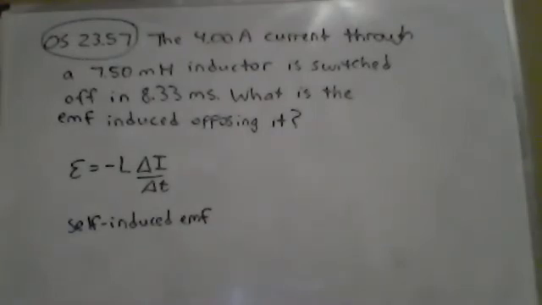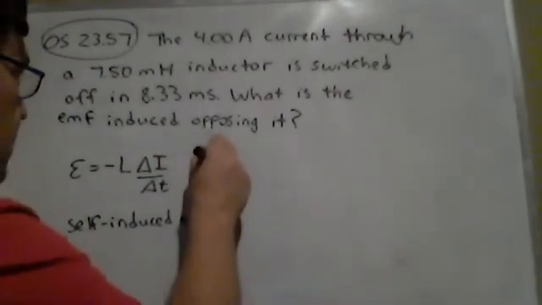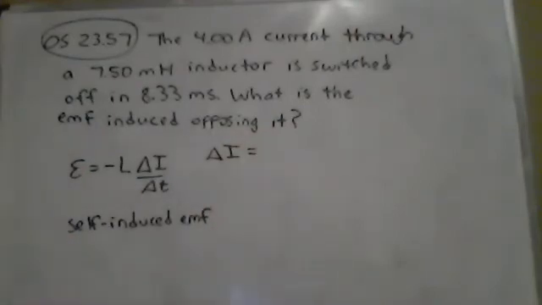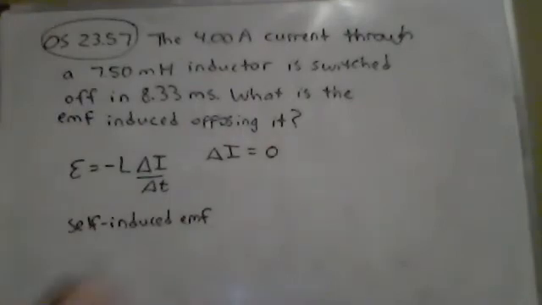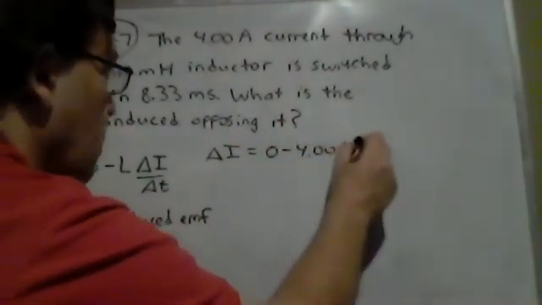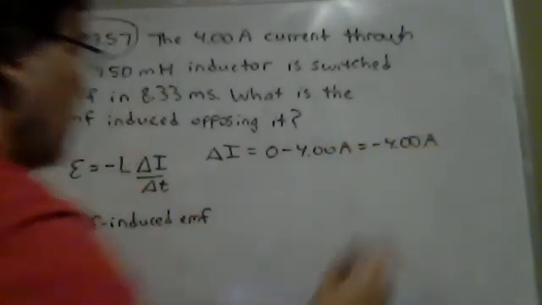What do I know? Well, I know the amount of time, and I know what delta I is going to be: final current minus initial current. The final current, since it's being switched off, is 0, minus the initial current of 4.00 amperes, so delta I is negative 4.00 amperes.